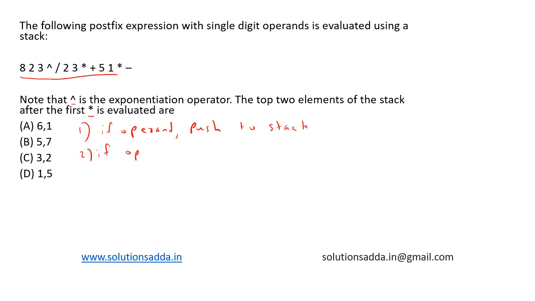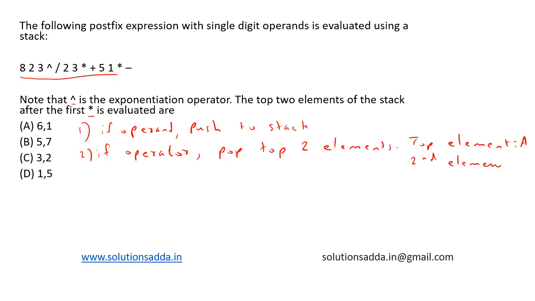If operator, pop top two elements, and the top element equal to A, second element equal to B. Then we evaluate the result, B operator A, and push to stack.